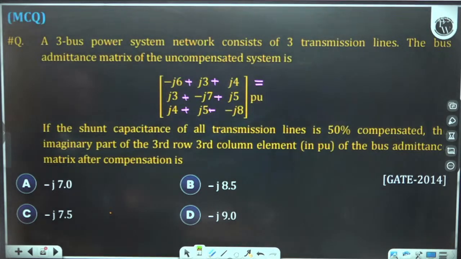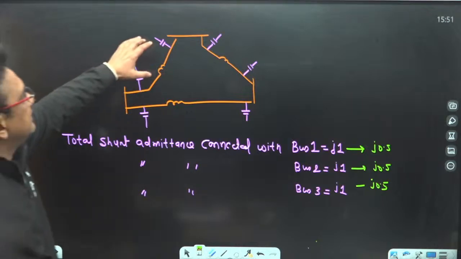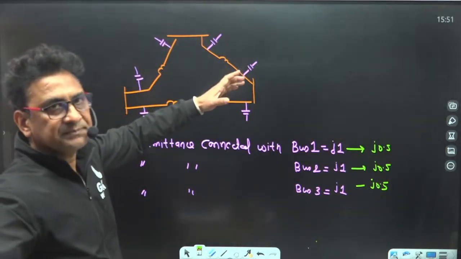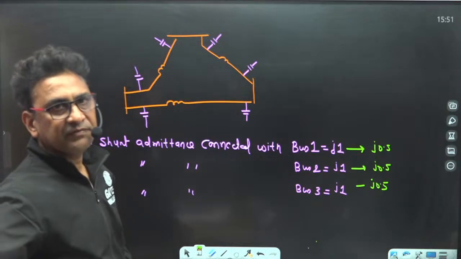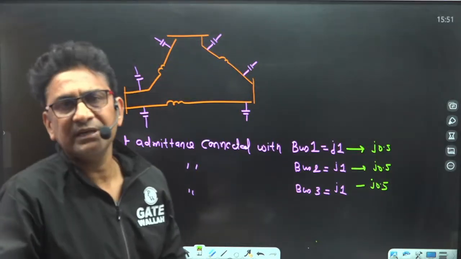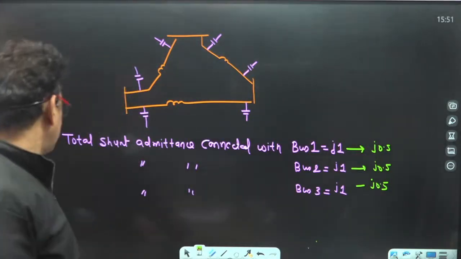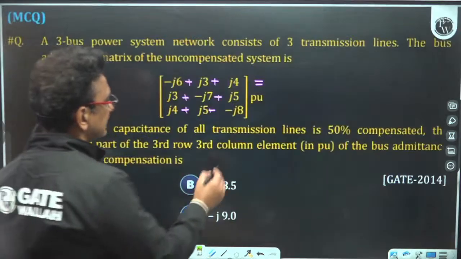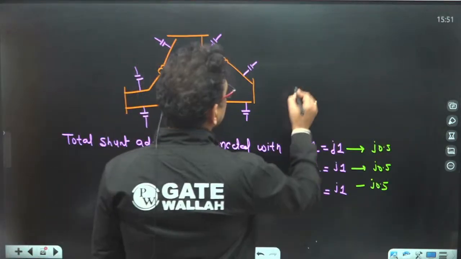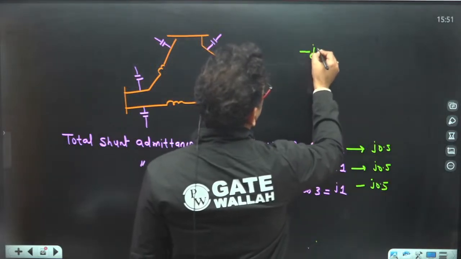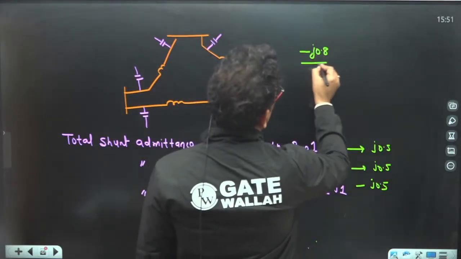Clear? Now you have to find out the imaginary part of third row and third column. When we are changing the shunt admittance, it will affect only the diagonal element, because by changing the shunt admittance, the off-diagonal elements of the admittance matrix will be unaffected. So only the diagonal element will be changed. Now this diagonal element is minus j 8. It was minus j 8. Now what happened?